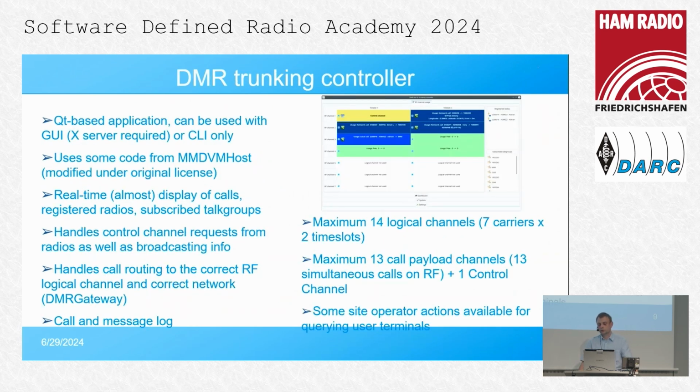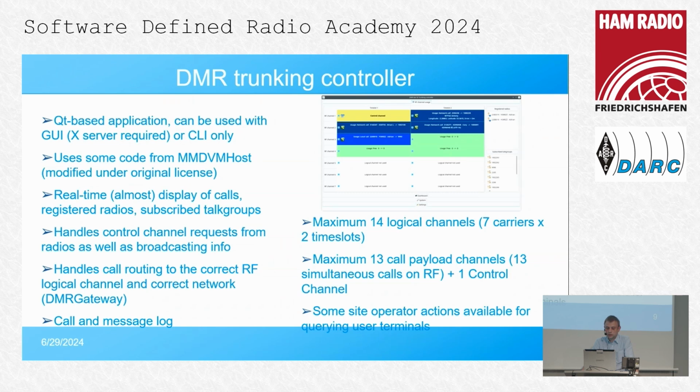The DMR trunking controller is a new application which I've created for this purpose. It's Qt based and can be used either with the graphical user interface with the X server or with the CLI only, so you can start it from the command line. It's created using some code from MMDVM host, which is modified under the same original license.